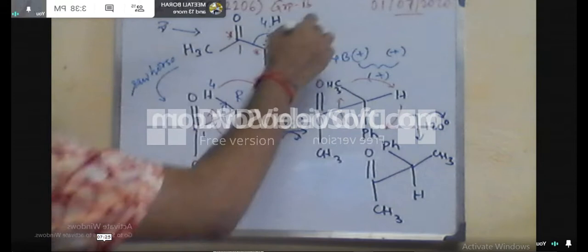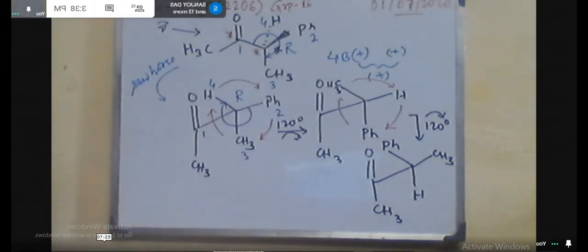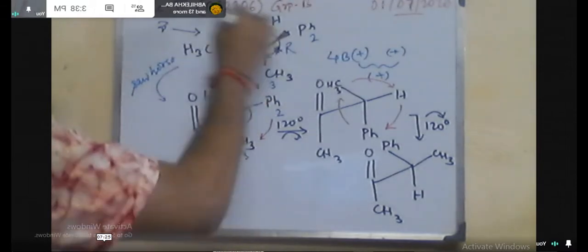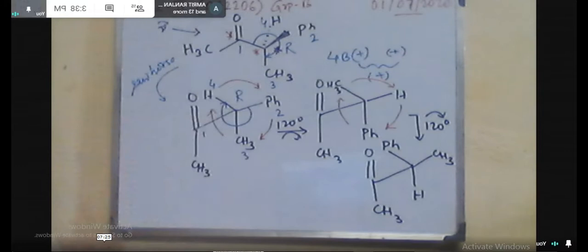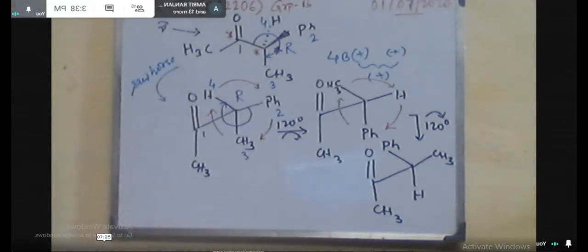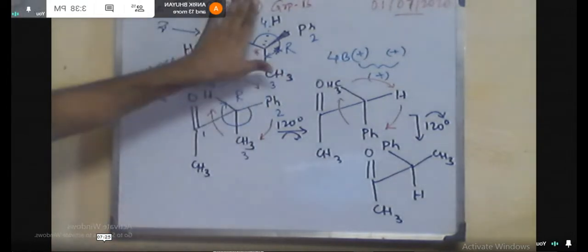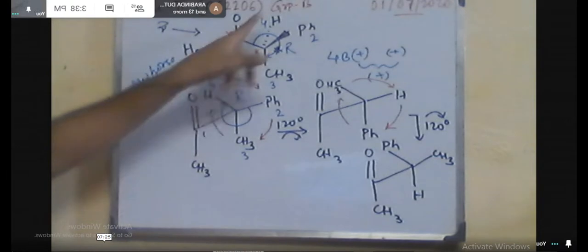This is the prochiral center. Now this is the chiral one, so this portion always remains fixed. We deal mainly with these 3 substituents. Here steric control means the size of the substituents is important. So we can think of these 3 substituents as 3 different sizes: one small, one medium, and one large.